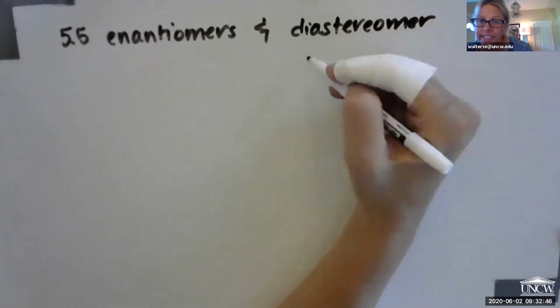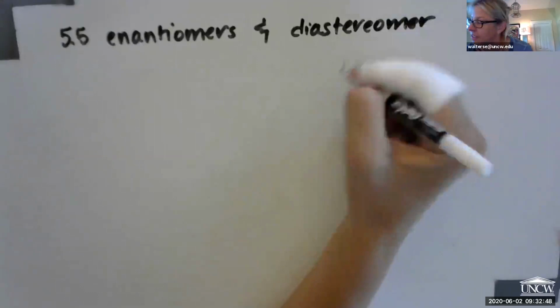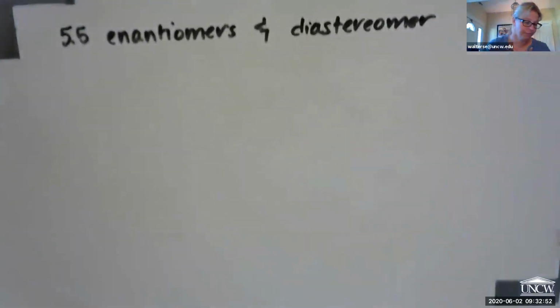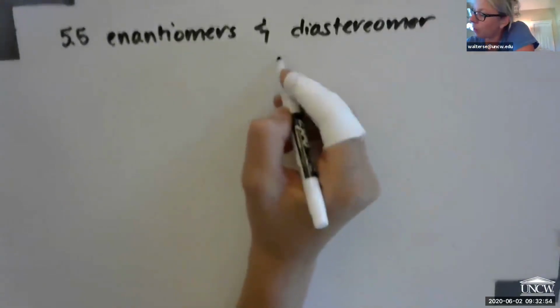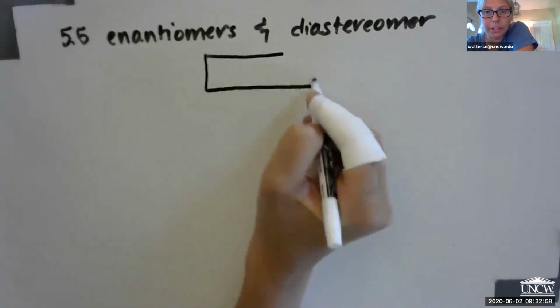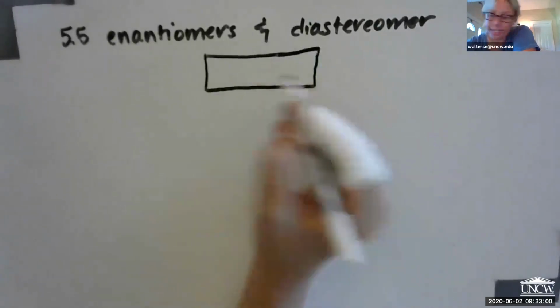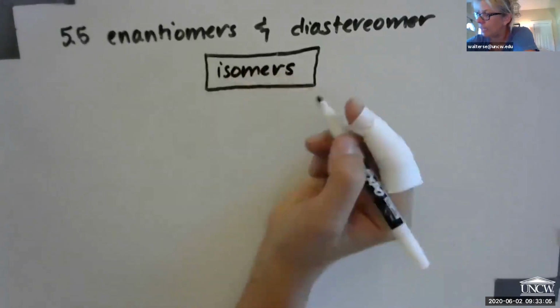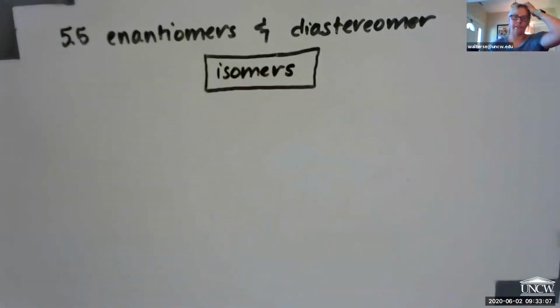Everybody wants to say disaster, but it's diastereomer. So we're going to draw this flow chart, and the first thing we're going to do up here is say that our header is this whole topic of isomers.